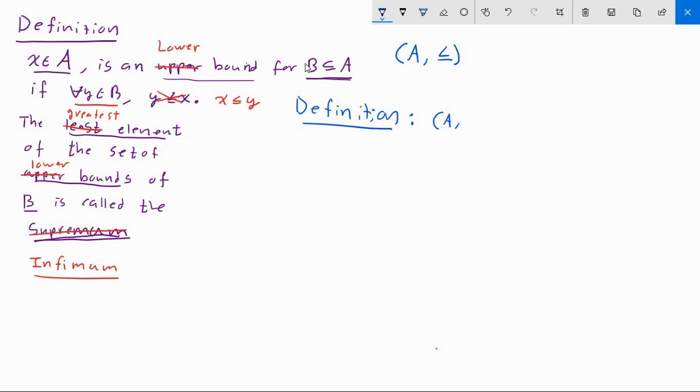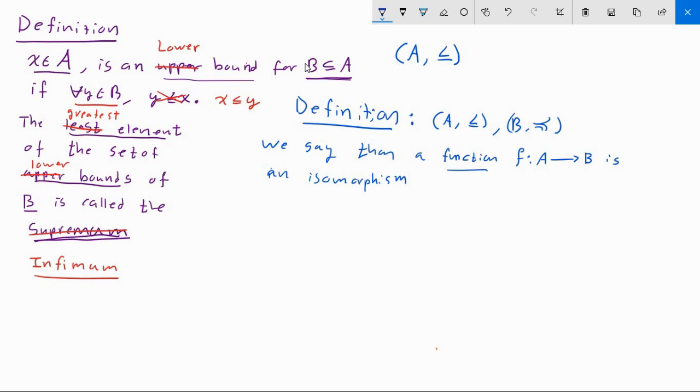Suppose we had two orders, a set A with its order and a set B together with some curly order relation. Then we're going to say that a function f which goes from the set A to the set B is an isomorphism of orders, or we say it's an order isomorphism, if, well, whenever you see the word isomorphism in mathematics, this means structure-preserving map.